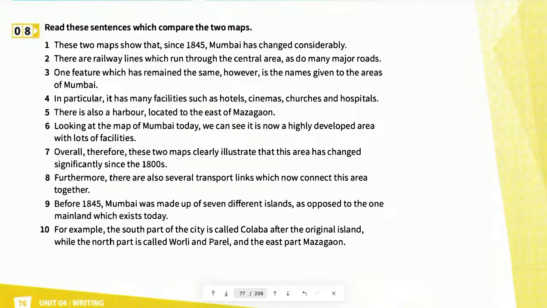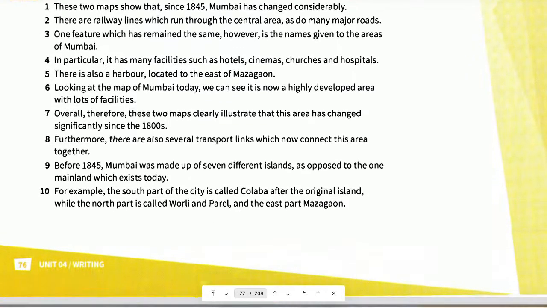For example, the south part of the city is called Colaba after the original island. Again, see, they use the words the original island. That means that they want to compare. When they say the original island, they're talking about which map? The 1845 map. Yes, the past map, right? Very good. And the north part is called Worli and Parel and the east part Mazagon. Yeah? Okay, that's good.